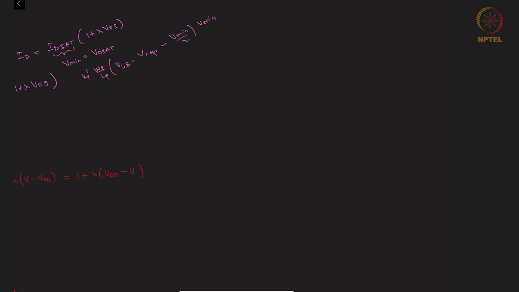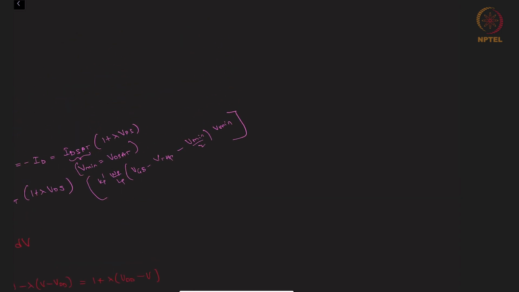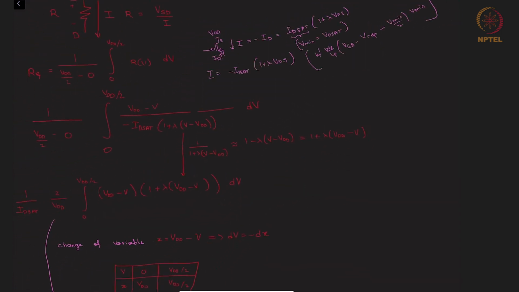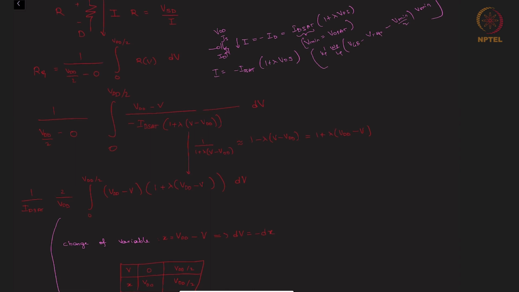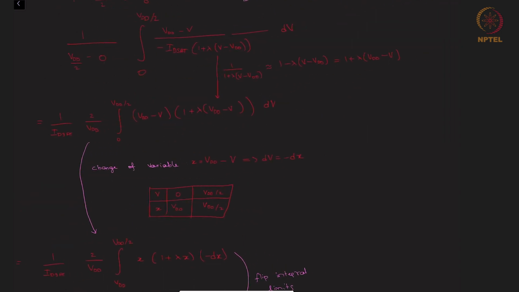So that is ID sat. If you do that, you will get a value for ID sat because you know all of these things. Then taking the derivation forward, 1 by 1 plus lambda x is like 1 minus lambda x for small x, and that will become this.